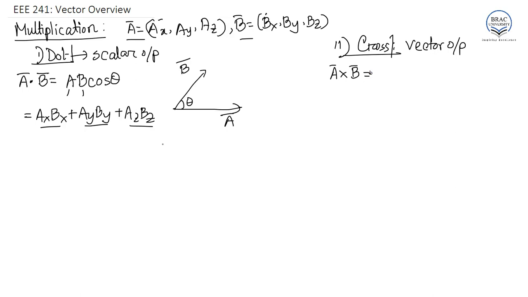And there are some other things that you can recap if you want, like if you dot one vector with itself, you will get A into A cos 0, right? A vector is inclined by 0 degrees with itself, so we will get A square.